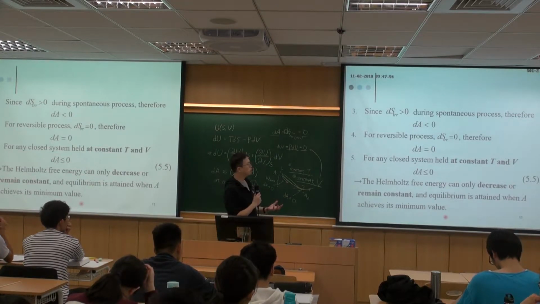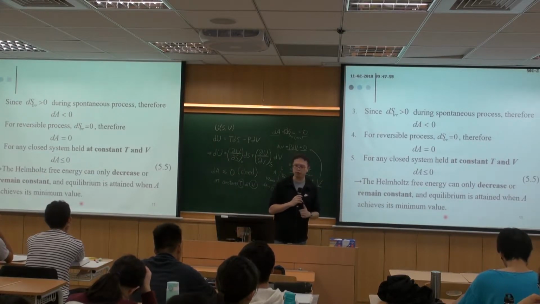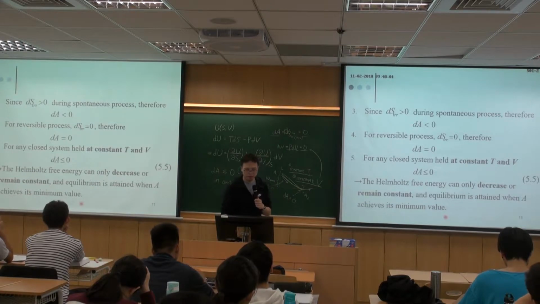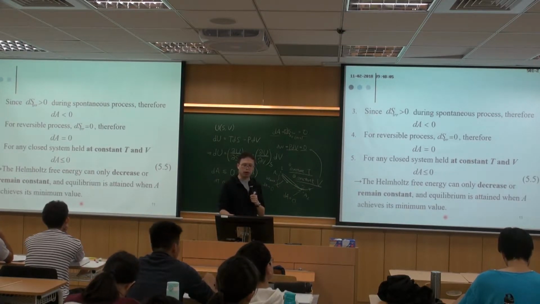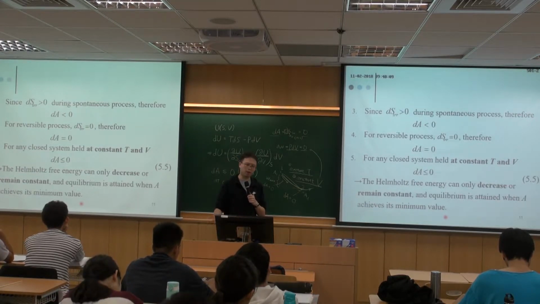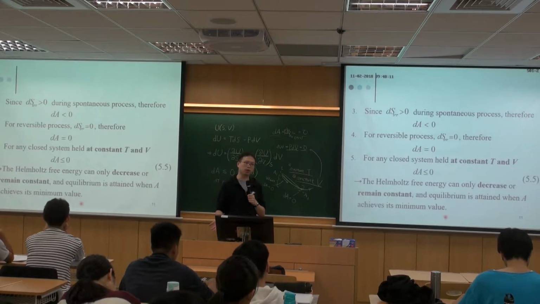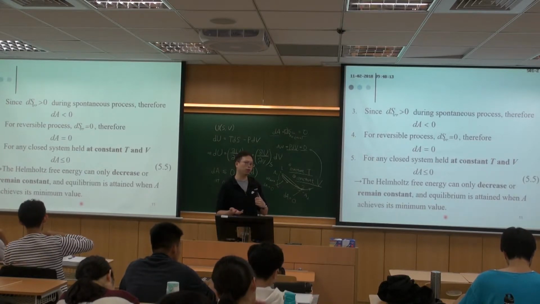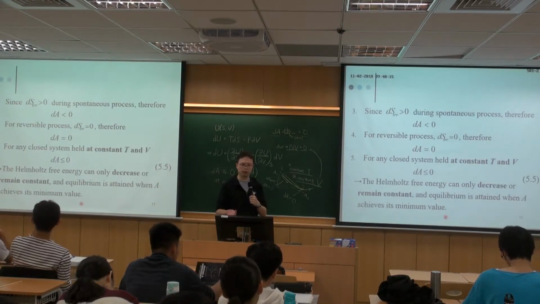You'll use Gibbs free energy. But in the case of constant T and V, you're going to use Helmholtz. And interestingly, typically physicists will use Helmholtz free energy for their calculations. But for chemists, typically you use Gibbs free energy because you are typically dealing with different kinds of systems.